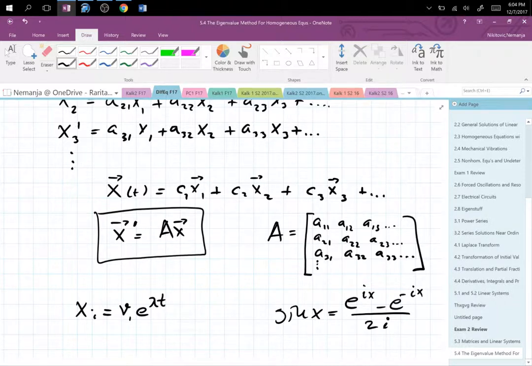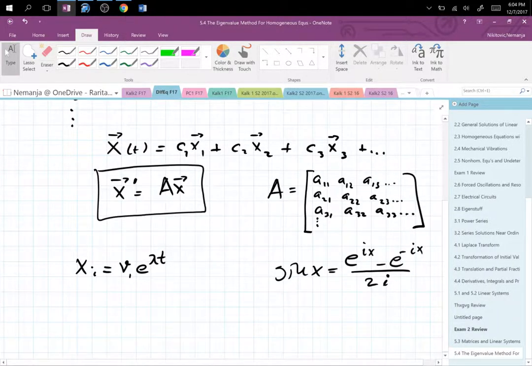It's lambda. And what we do is x prime of i is going to be the vector v, you just copy that. And then the chain rule kicks down lambda, so you have lambda vi e to the lambda t, and you can have any one of these.